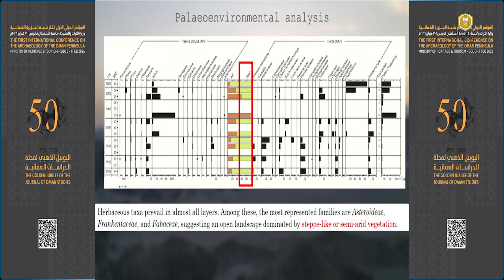So we don't know when this sequence started, but what we have in general is a dominance of herbaceous taxa that prevail in almost all layers. So we can see that we have a steppe-like or semi-arid vegetation, which is totally reasonable.